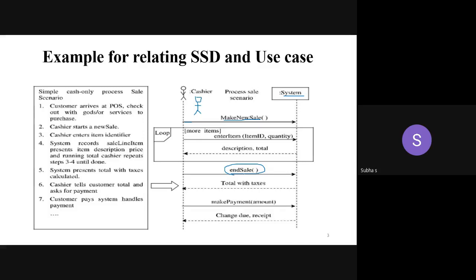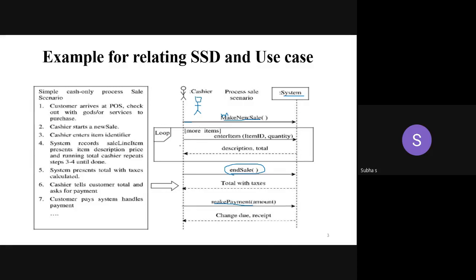So in endSale, you should not put any space. End has all lowercase letters, and the second word's first letter starts with uppercase, like makePayment. Yes, this is camel case. You have to write all these actions or messages in camel case only. So here the M is a small letter, makeNewSale. So the cashier is making a new sale.